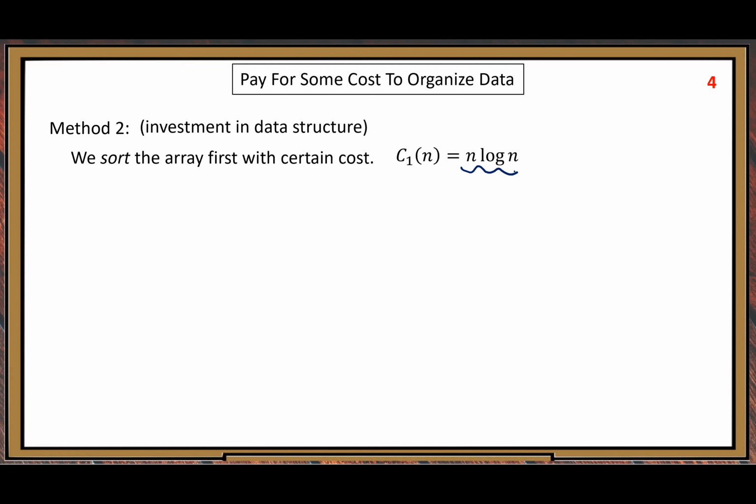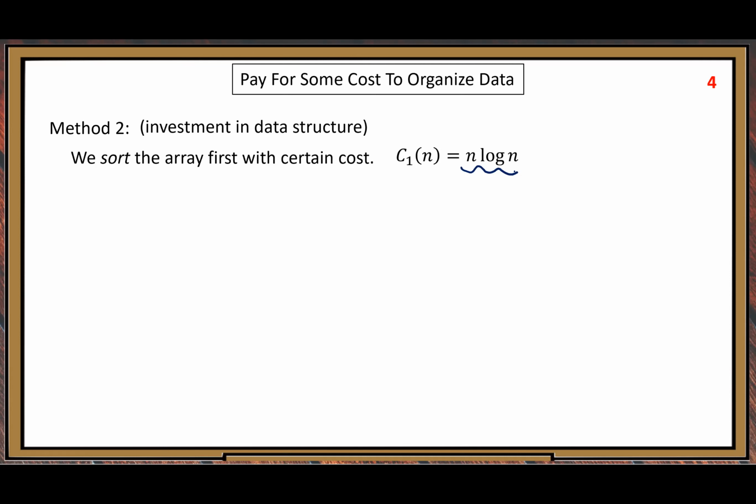N log n. Question: do you know what the efficiency of the sorting algorithm we just talked about was? Actually, there are several. One commonly used is quicksort. Quicksort has this efficiency, but for average efficiency. But what was the one we just did with the minimums?